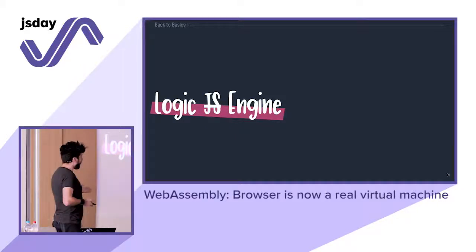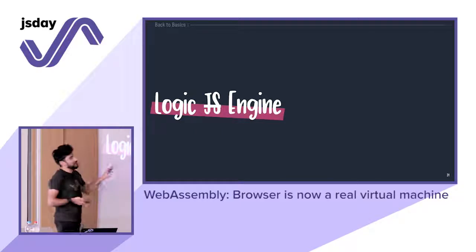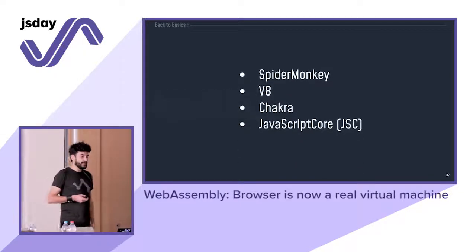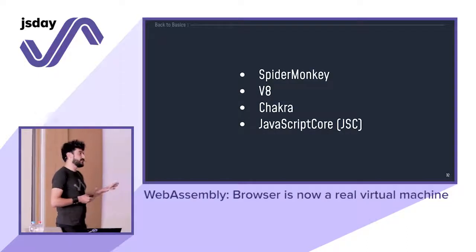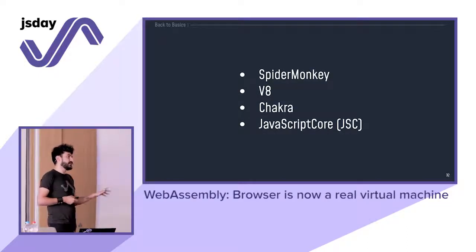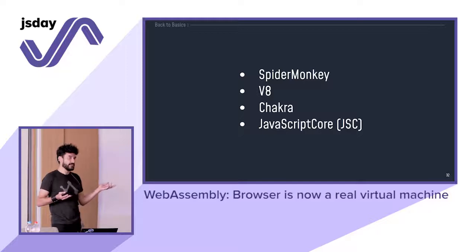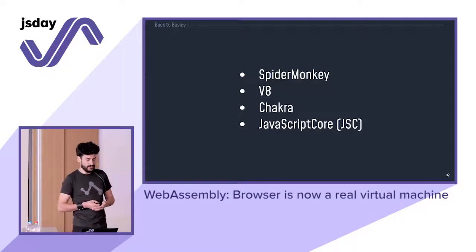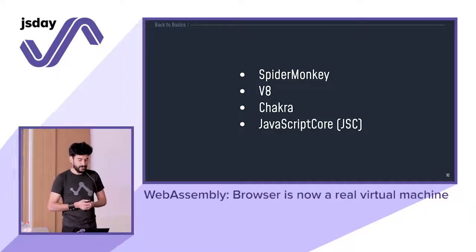So, what about our logic engine and how to execute WebAssembly in our code directly? We have lots of JavaScript engines: SpiderMonkey, V8. We had Chakra, because now Edge uses V8 directly, so monoculture.